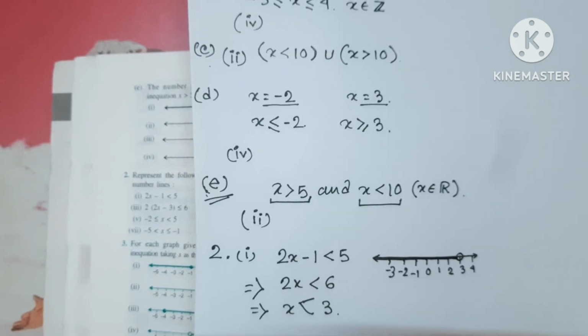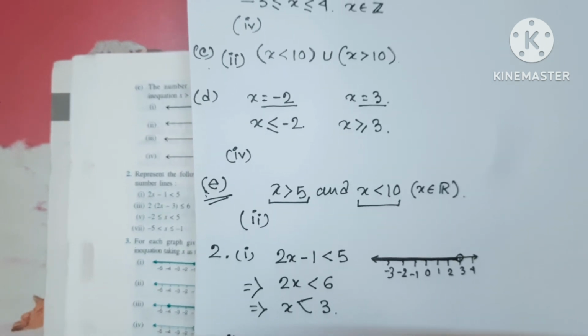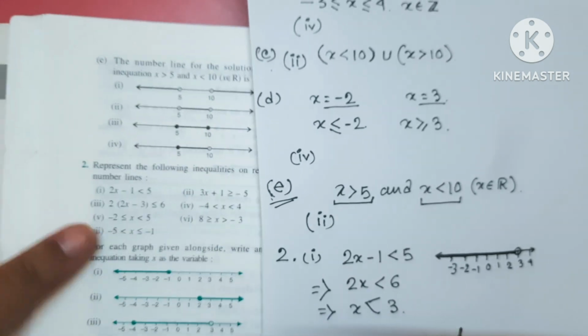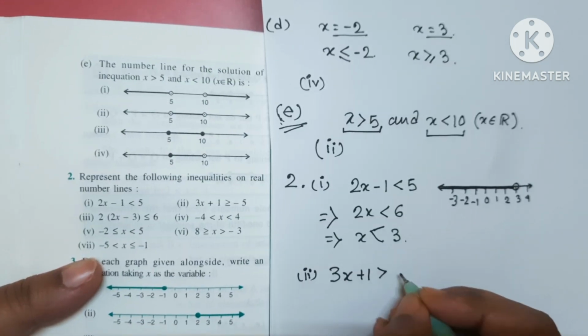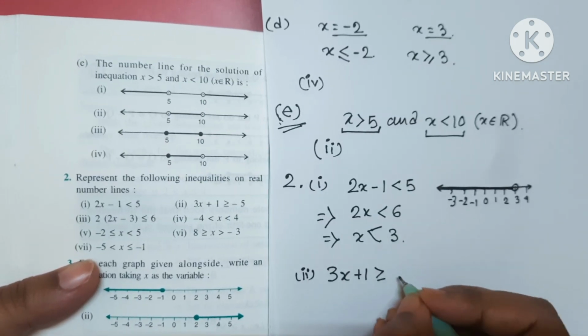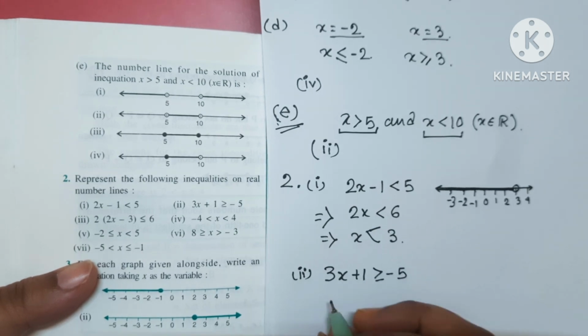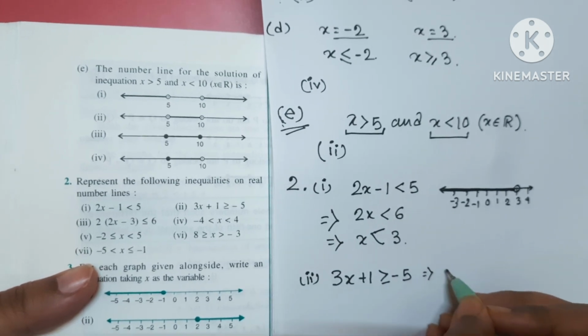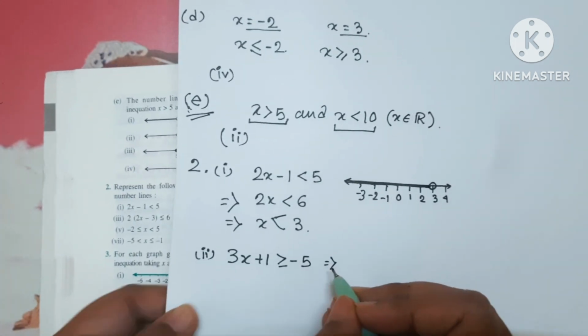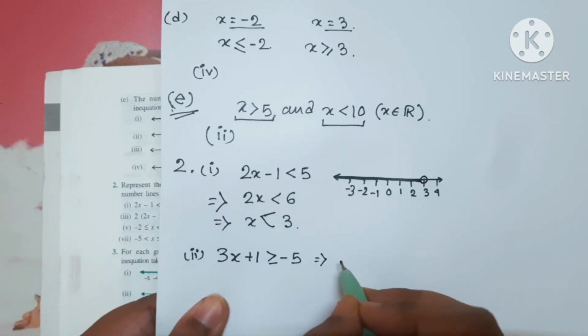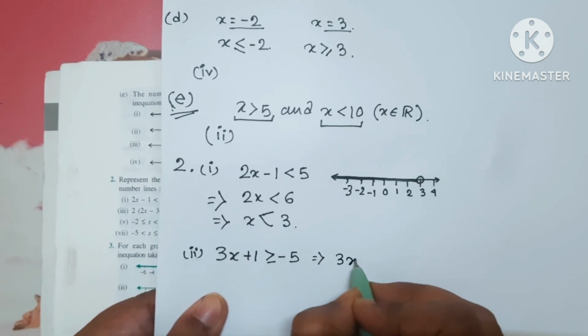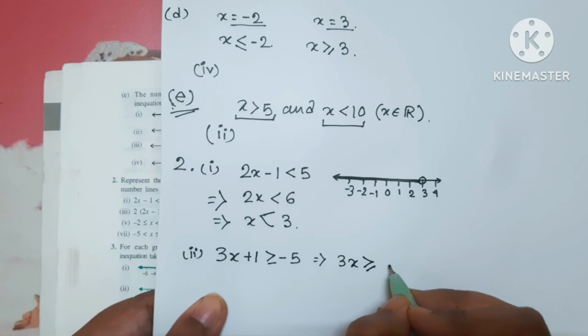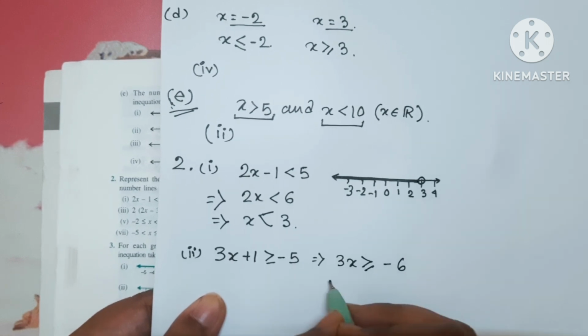Okay. Now the next one, question number 2. See the question, 3x plus 1 is greater than or equal to minus 5. So if you simplify it, you will get 3x greater than or equal to minus 6.